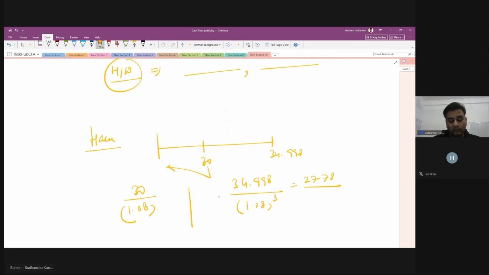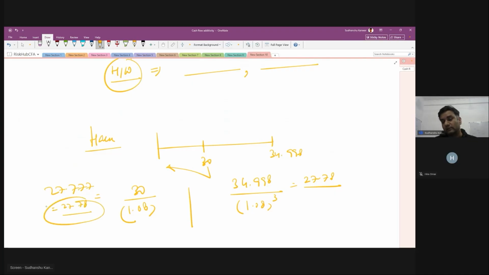And if I do the previous one, your 1.08 and then 1 by x, and I multiply by 30, sorry, 3, and into 10, this value also comes out 27.777, which is 27.78.